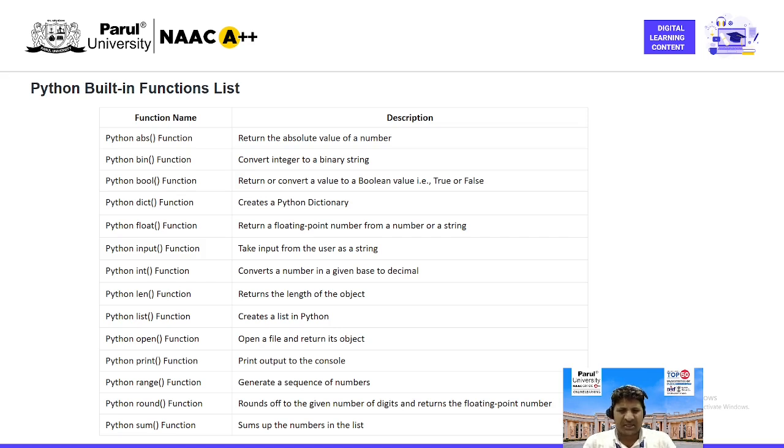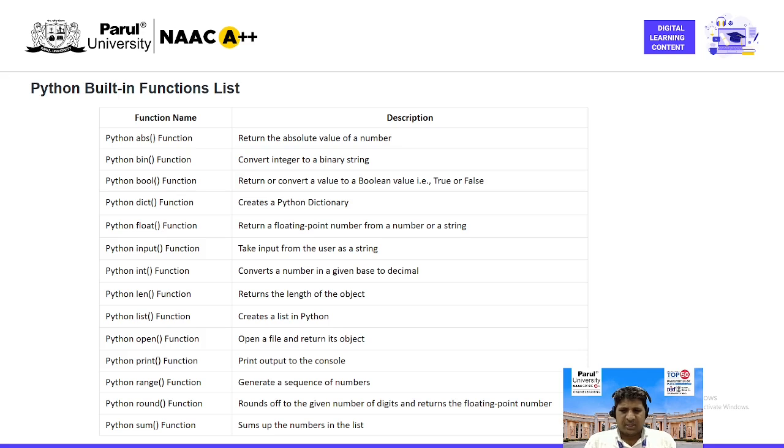Python range function generates a sequence of numbers. Suppose you want to print numbers from 1 to 10, then you can use the range function. If you remember, when we learned about the for loop, the range function is used with the for loop.